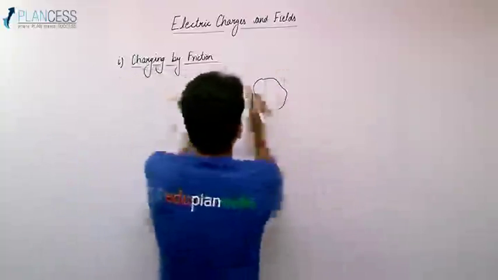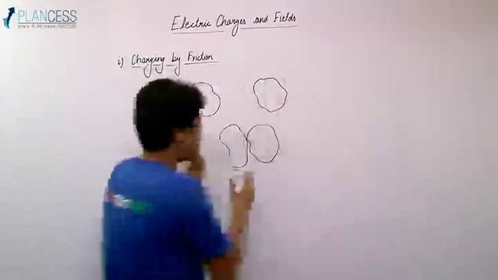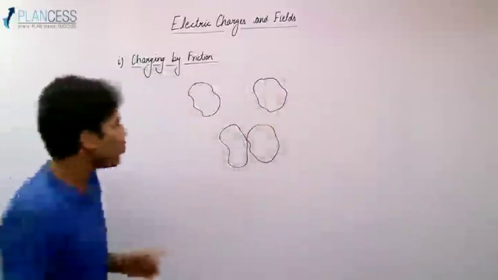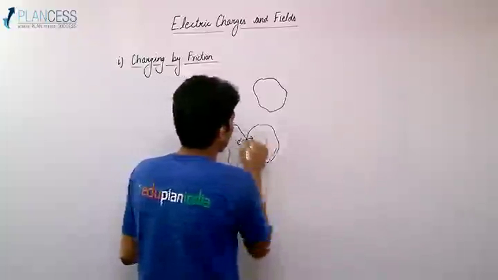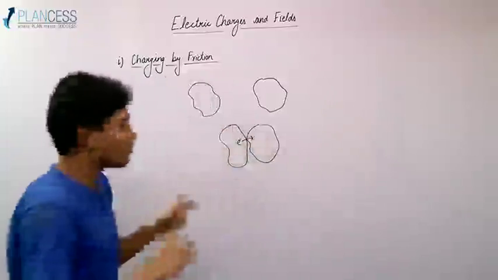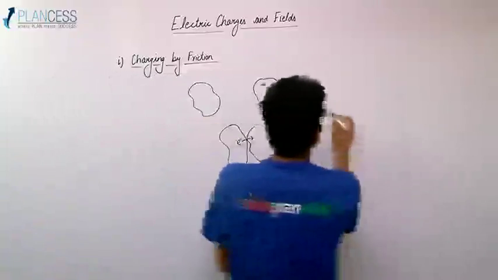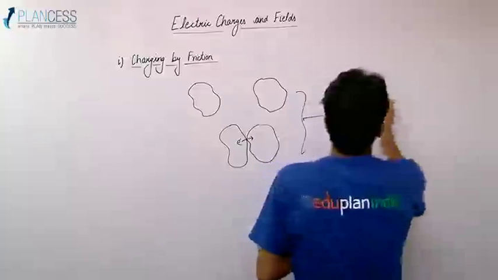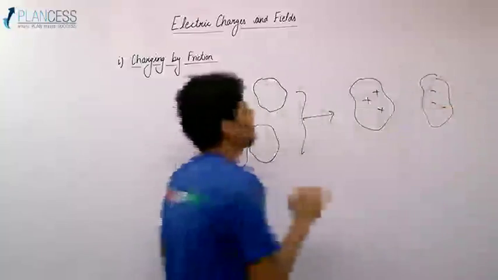That is because when two bodies are rubbed against each other, heat is produced between them. Due to that, some electrons may shift from one body to another. So by means of friction, this body becomes positively charged and this body becomes negatively charged.